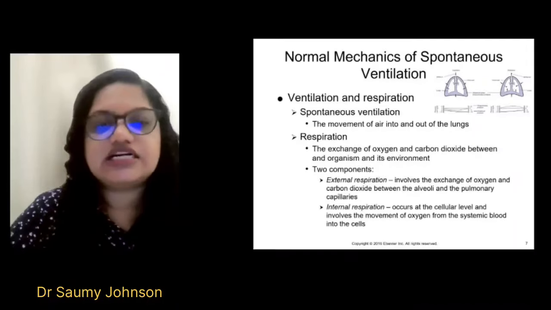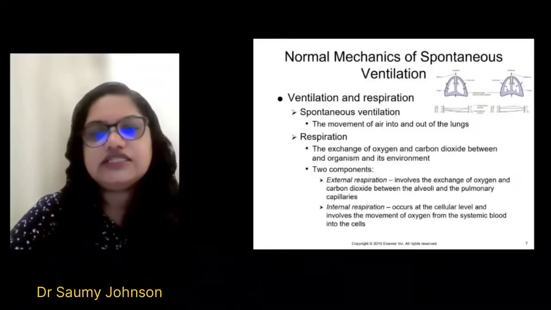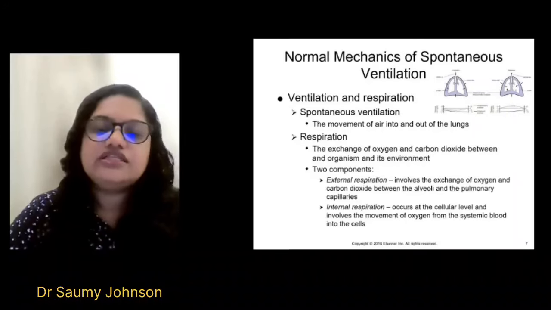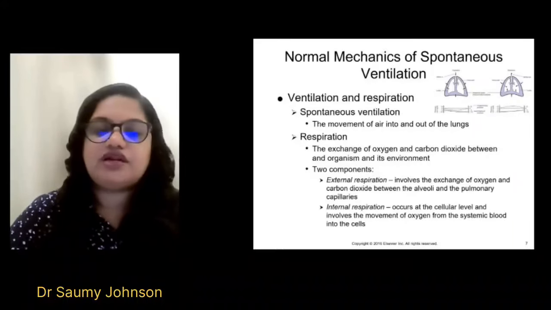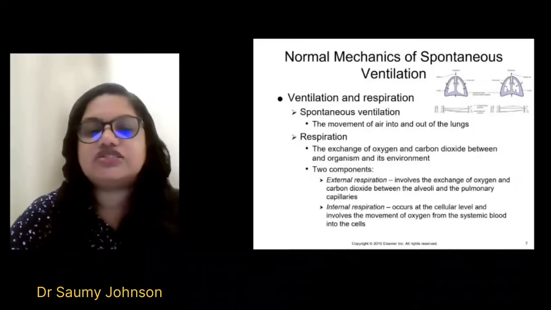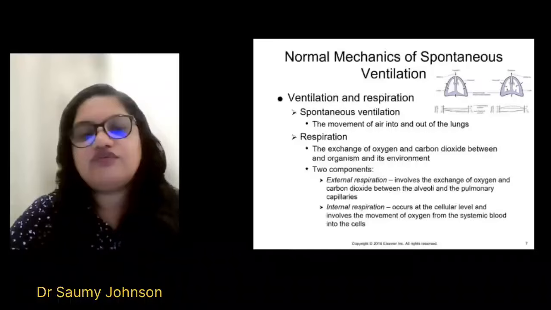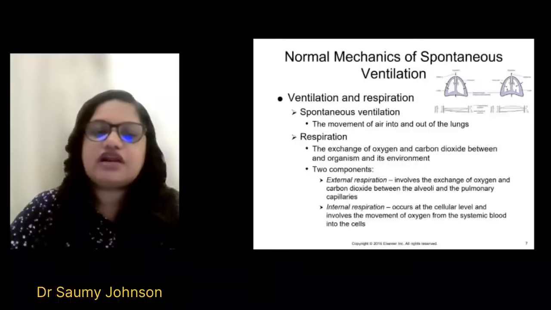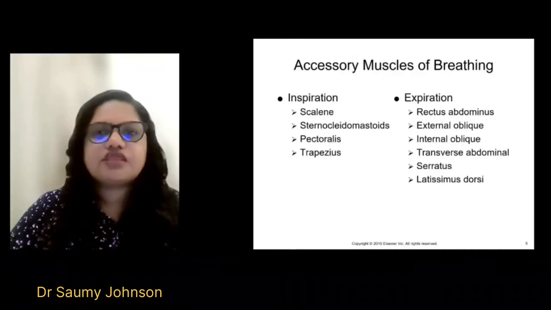What is external respiration? It involves the exchange of oxygen and carbon dioxide between the alveoli and the pulmonary capillaries, and internal respiration occurs at the cellular level and involves the movement of oxygen from the systemic blood into the cells.